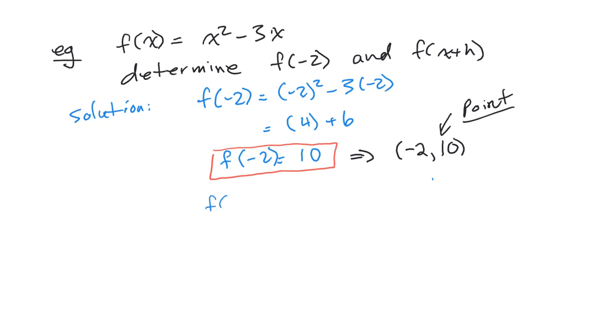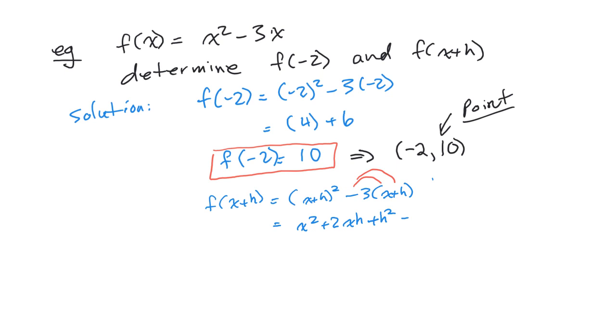Now let's compute f at x plus h. And we're just going to substitute wherever x is, wherever that stuff is, where x was, we're just going to replace it with x plus h minus 3 and x plus h again. So that allows us to expand to x squared plus 2xh plus h squared minus, now we're going to take this negative 3 and apply it to everything inside this bracket.